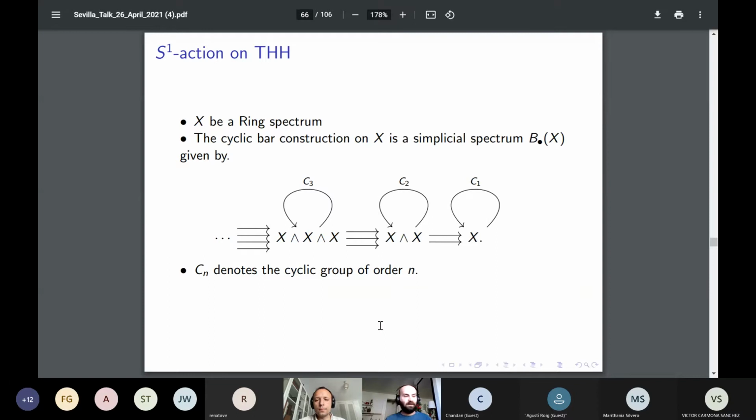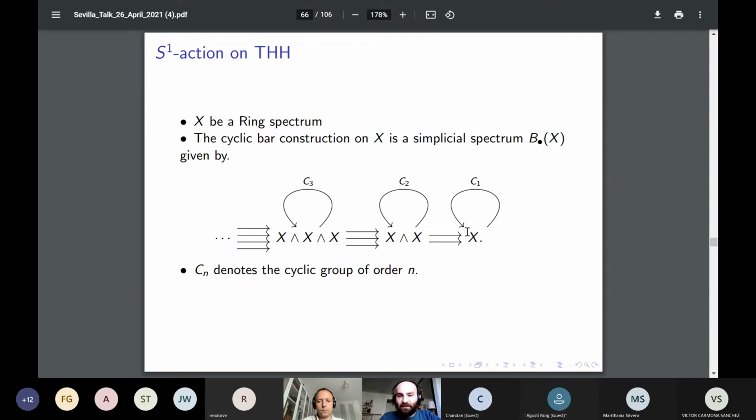Okay, to define topological cyclic homology, I need to talk about even more structure on THH. There's a circle action on THH that comes from the action of the cyclic group of order n at degree n stage of the simplicial object defining THH of a ring spectrum.